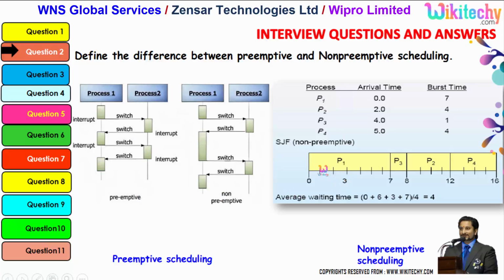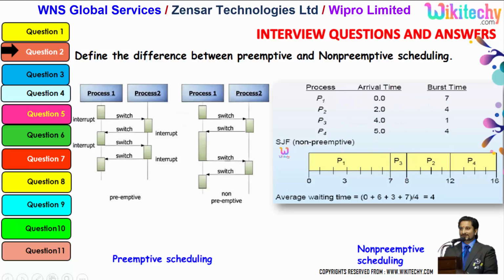Whereas non-preemptive scheduling is like once the process comes, until it finishes, the next process won't start. You can see it here. T1 is there. This is the arrival time 0 and this is the execution time 7. Considering these are seconds, until 7 seconds the next process is not coming.